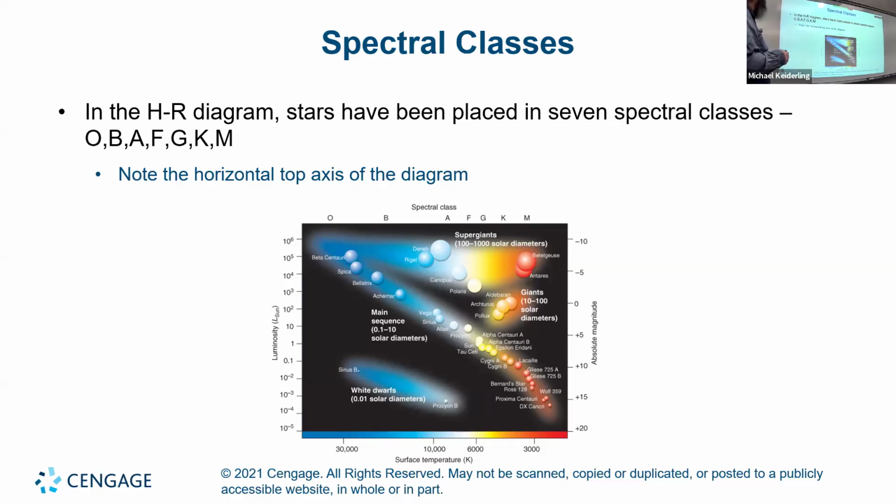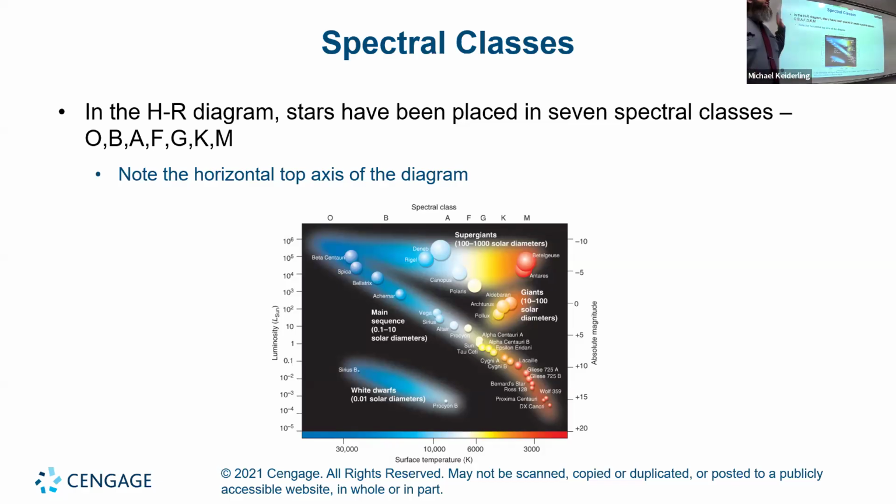But yeah, that's why the letters seem kind of random. The original set of letters, which were A, B, C, and so on, were describing the strength of one of these lines. But the strength of that line peaks at a certain temperature. And so the actual pattern of letters that corresponds to temperatures is weird.